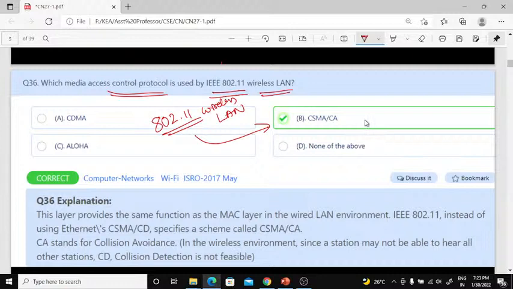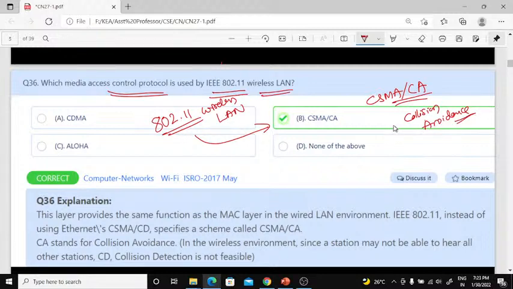This layer provides the same function as the MAC layer in a wired local area network; IEEE 802.11 uses it instead of Ethernet. This scheme is called CSMA/CA. CA stands for collision avoidance, that is packet collision avoidance.